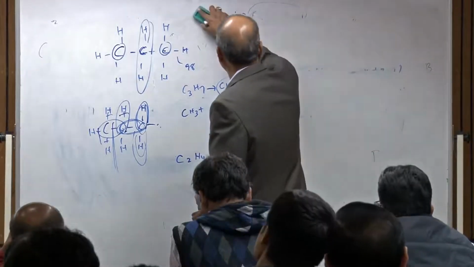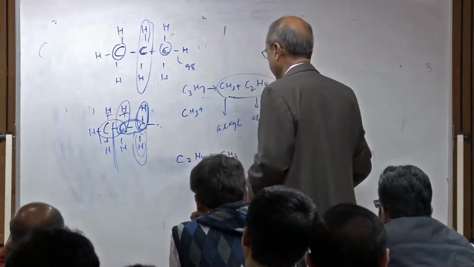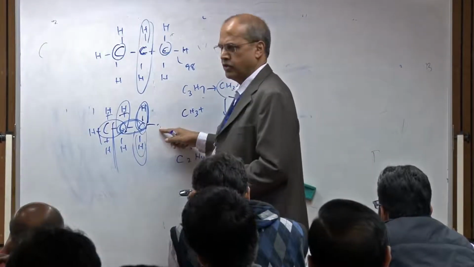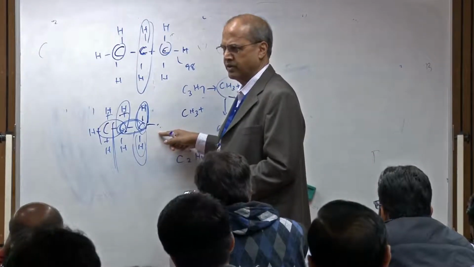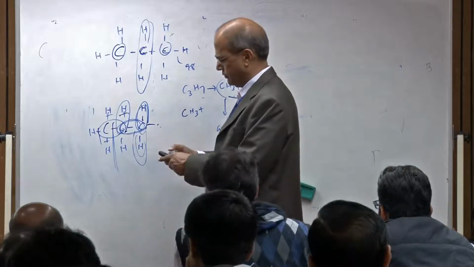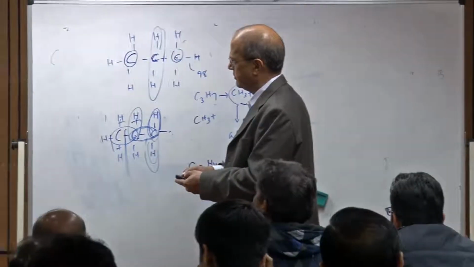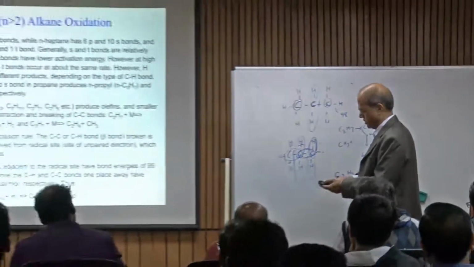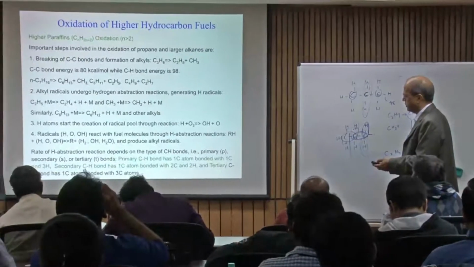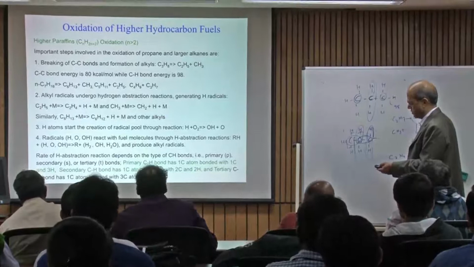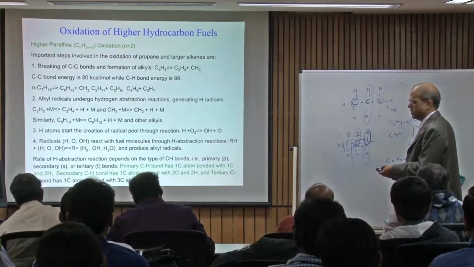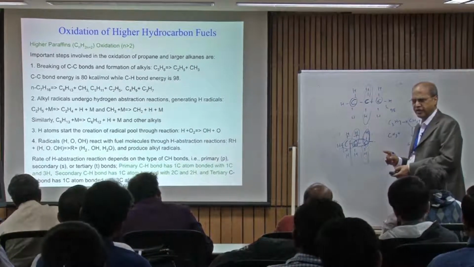So let's look at one or two more. Okay. So this is just one example. In step 5, okay, but going to step 4, what is step 4? Remember that you remove H to produce alkyl.